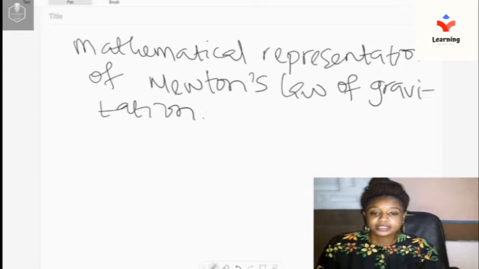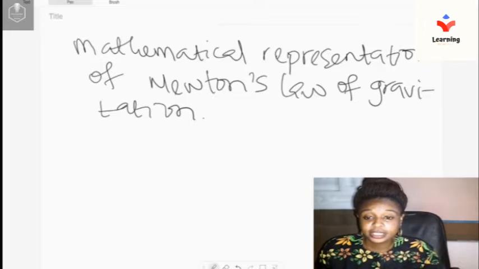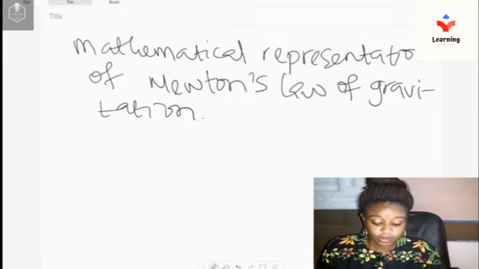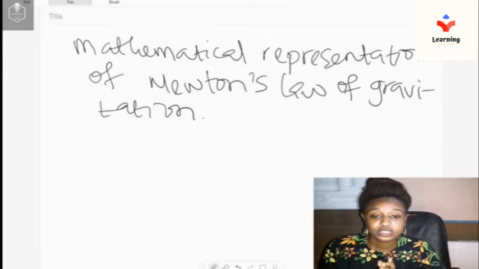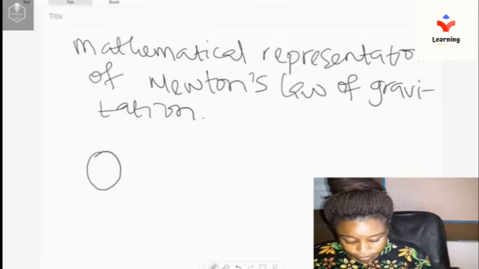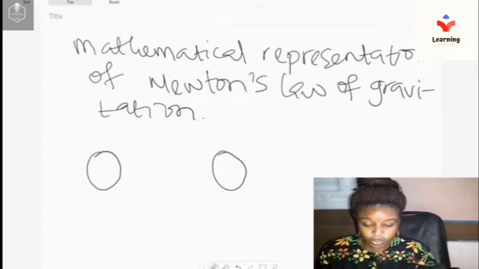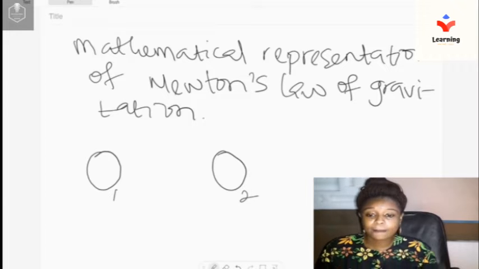Okay, as I was saying earlier, in Newton's law of gravitation, we can deduce two statements from it. We have two bodies, body 1 and body 2. Each body has its own mass.